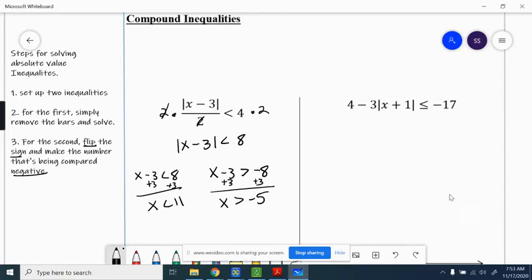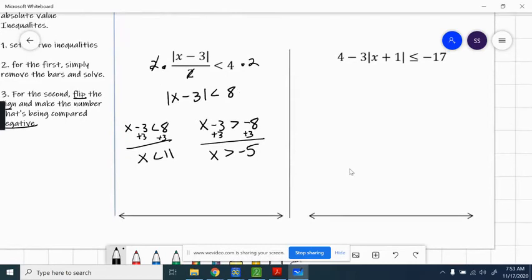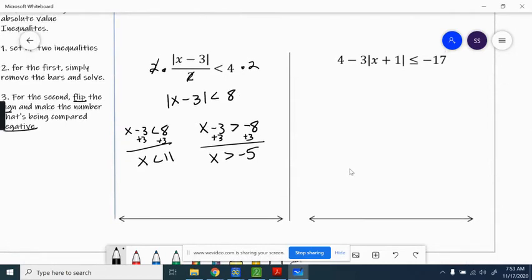Okay, so now let's go ahead and plot this out on a number line. And so I don't really care how specific you are here. If we want to put maybe a 0 here and show that -5 is here and 11, sorry, not -11, 11 is right there, that's fine.